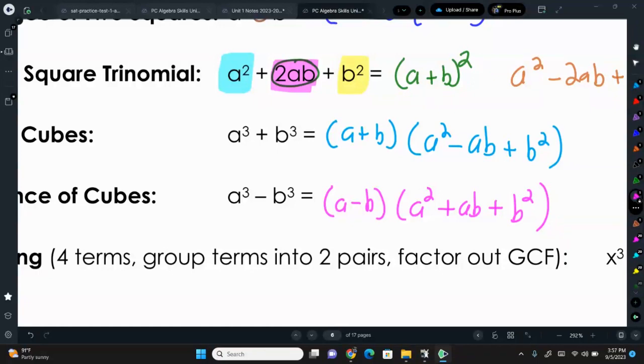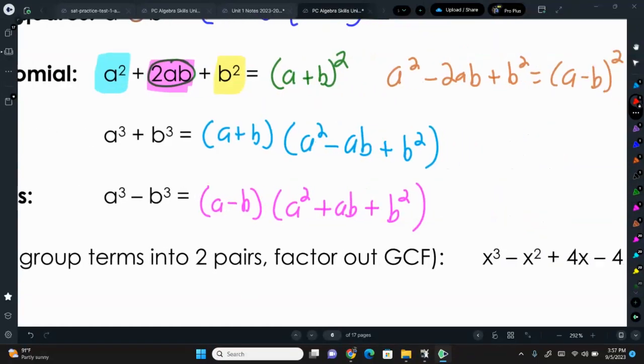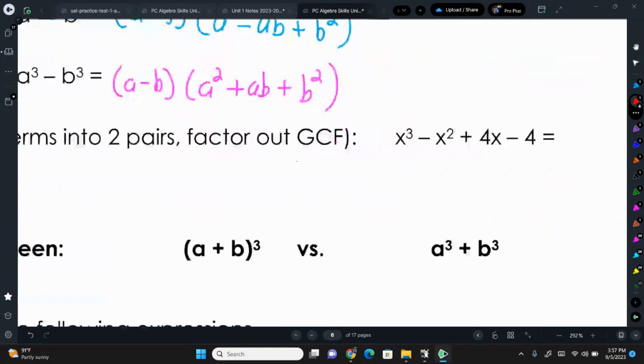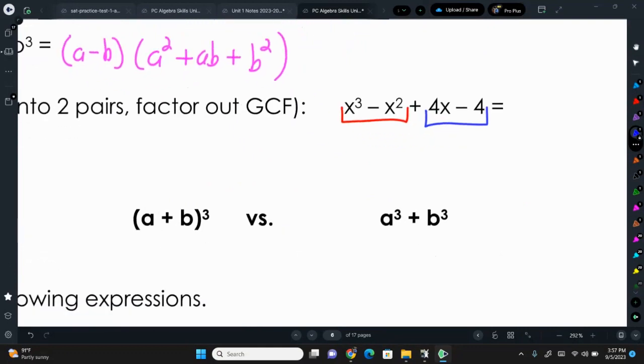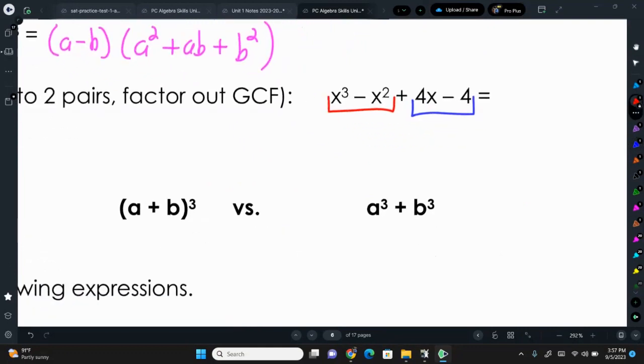Now, factor by grouping. If you have four terms, you want to look and see, is there a GCF of the first two? And is there a GCF of the last two terms? For this one, if you take the GCF of the first two terms, which is the greatest common factor, we have an x squared, and then we're left with x minus 1. And then for the second one, can we take the GCF of 4x and negative 4?